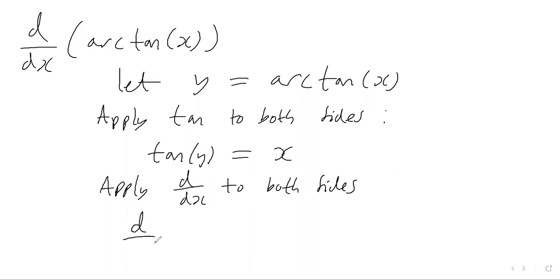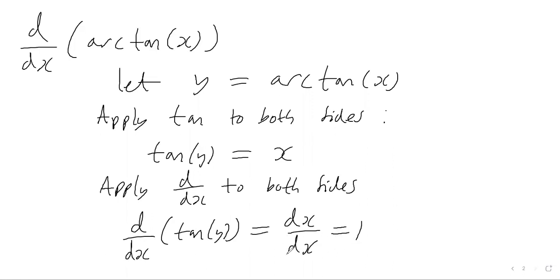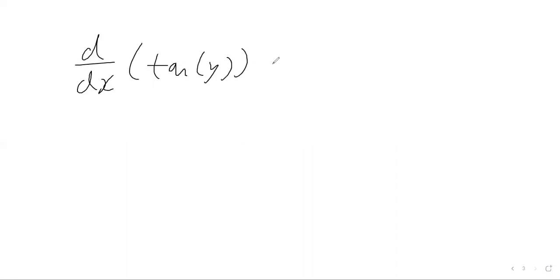We get the derivative with respect to x of tan of y equals the derivative of x with respect to x, and we know that this is just the number 1. So now we know that d by dx of tan of y equals the number 1.